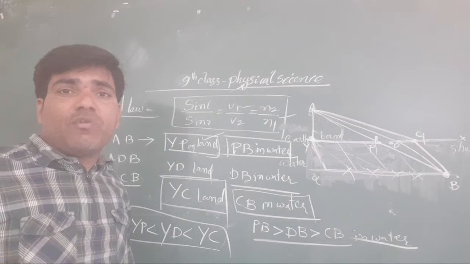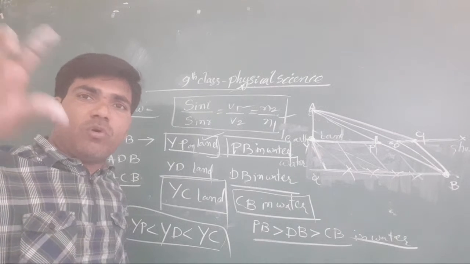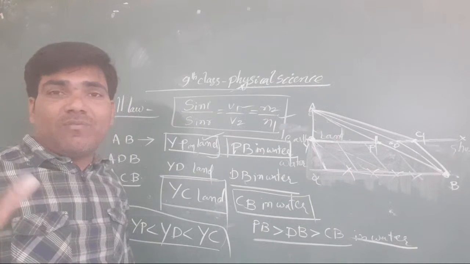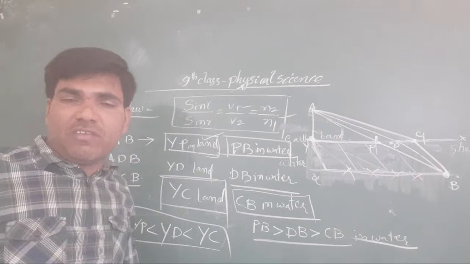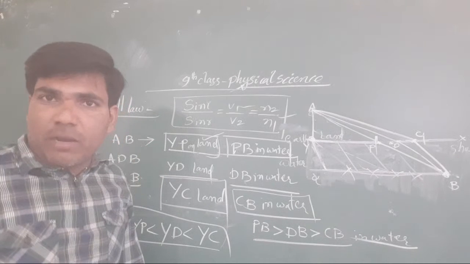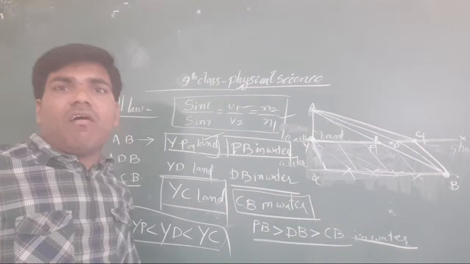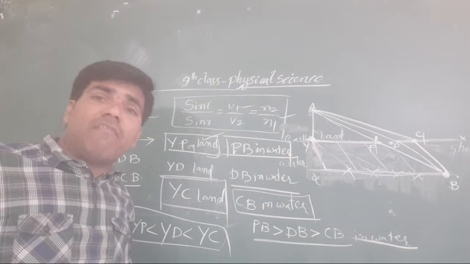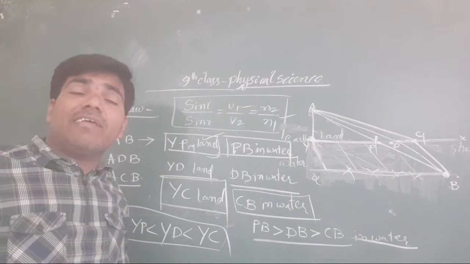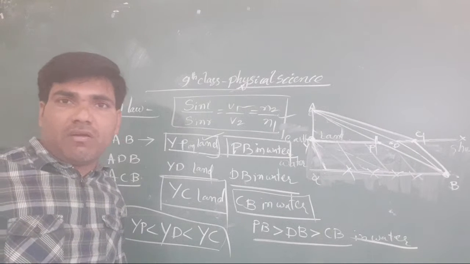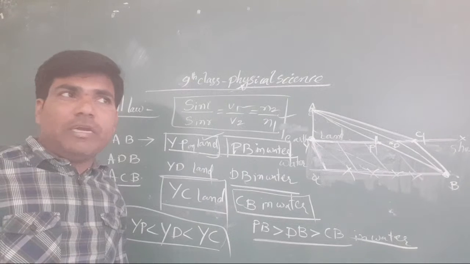That's why we want to complete one total path. What conditions do we have to apply for this situation? We should compulsorily travel less on the water, more on the land. Automatically it takes less time. Clear or not, all the students? Once again I repeat it.